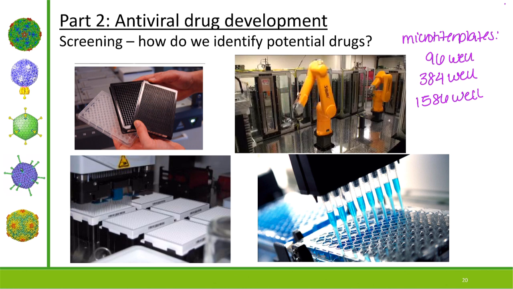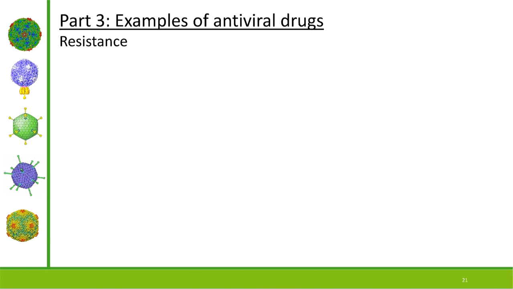It was not as large as the one shown here in this image. It takes quite a bit to actually program it, but it's really nice because you don't have to worry about being aseptic because it does it for you. So it's pretty amazing. All right, so now that we've covered screening, let's get a little into part 3.